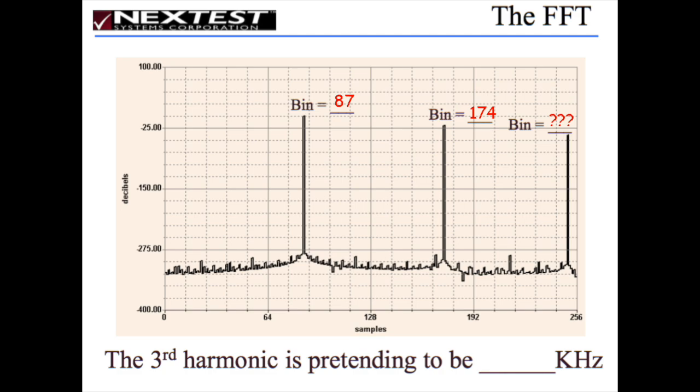Now, this is going to be an issue because we're going to look at the frequency domain measurements, and remember that the third harmonic fell off the edge because we were right at the edge on the last one. So now, the fundamental shows up in bin 87, the second harmonic shows up in bin 174, 2 times 87, and the third harmonic shows up in bin, well, wait a minute, 3 times 87 is 261, so that's not 261.